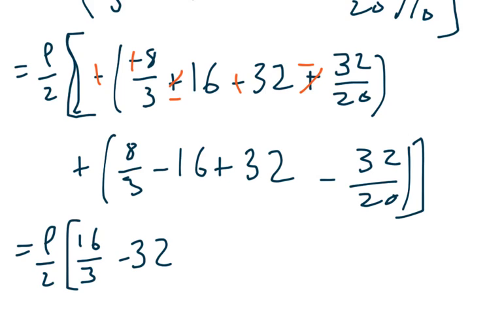We have plus 32 is plus 64. Minus 32 over 20 minus 32 over 20 is minus 32 over 10. And if you work this out, you get rho over 2 times 512 over 15, and this becomes 256 after you divide by 2.